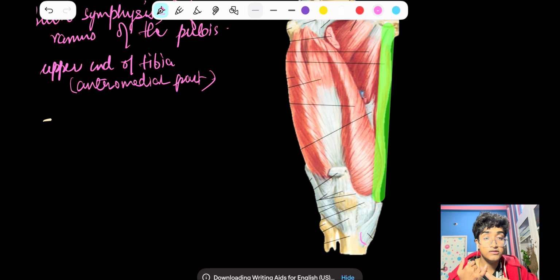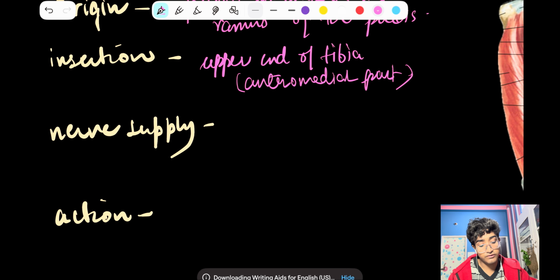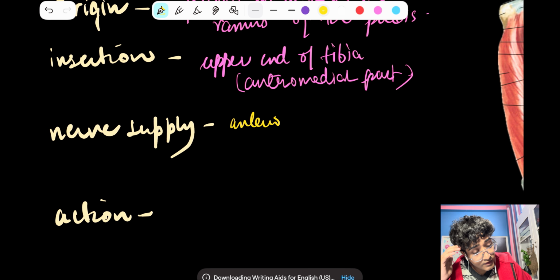The sartorius, the gracilis, and another muscle from the posterior compartment, these three get inserted in this area, and they form the guy-rope muscles. We'll be discussing it in later videos. The nerve supply is the anterior division of the obturator nerve.